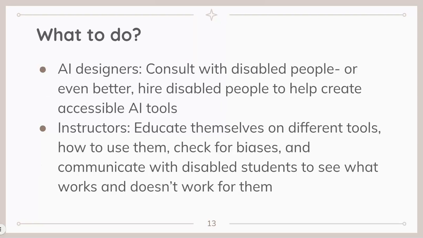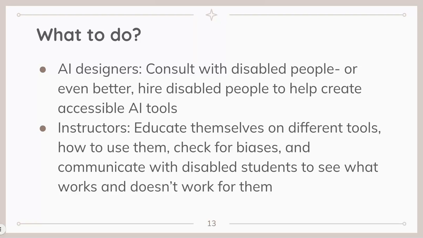So what can be done is AI designers should be consulting with disabled people, or even better, hiring disabled people to help create accessible AI tools. And for instructors, they should be educating themselves on the different tools that can be used and how to use them, but also being sure to check them for biases and communicating with students to see what works and doesn't work for them.